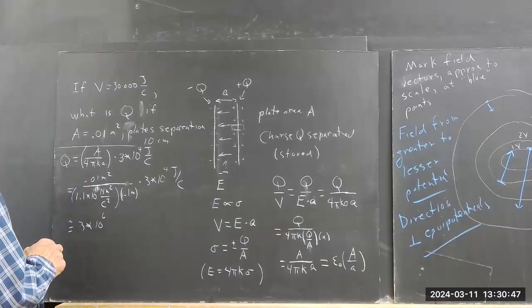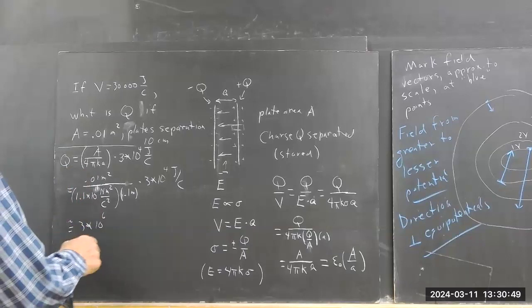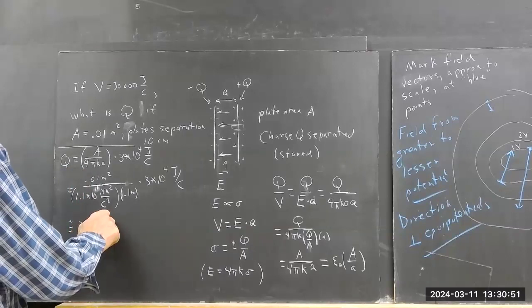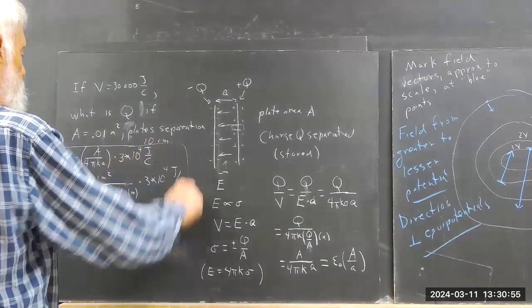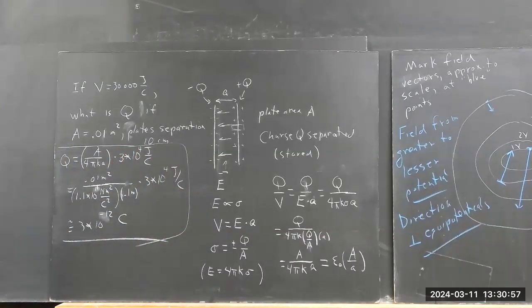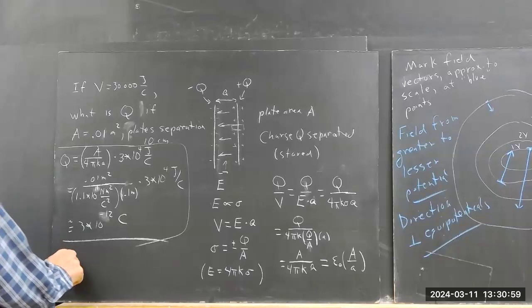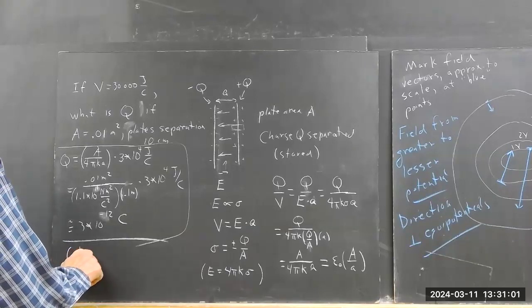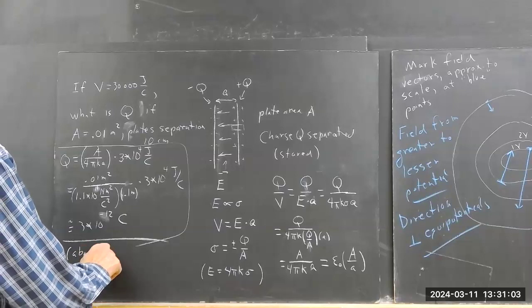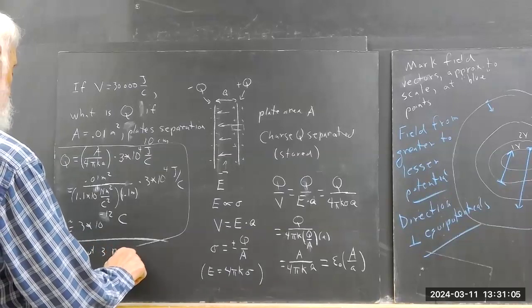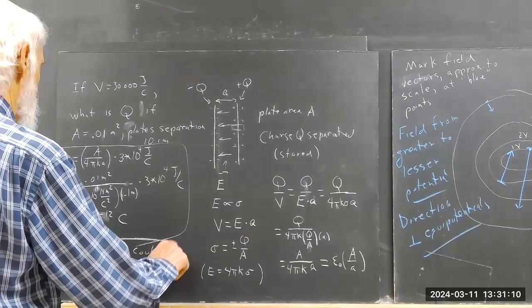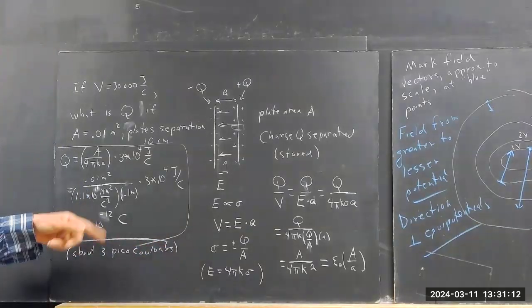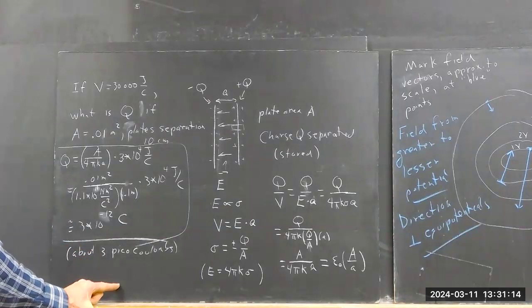We got a 0.1 up here. We're going to get a 10 to the negative 12 coulombs, which is about 3 picocoulombs. 3 trillionths of a coulomb. Okay.